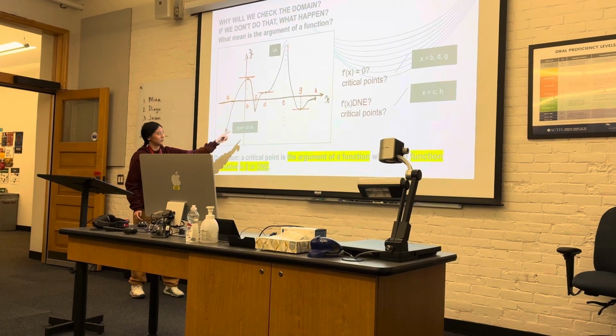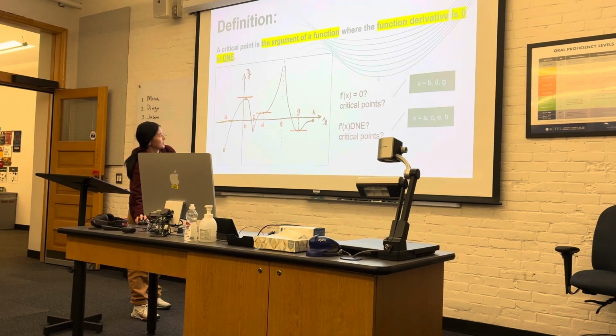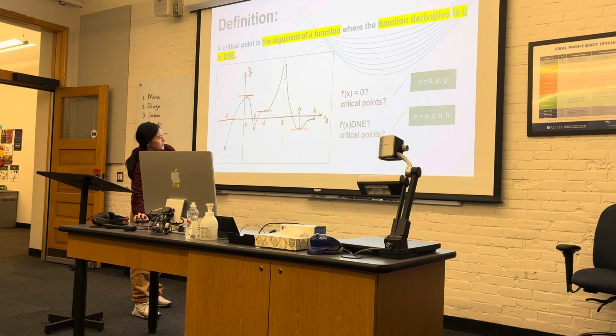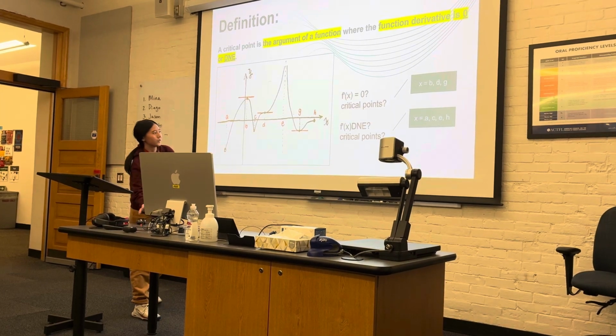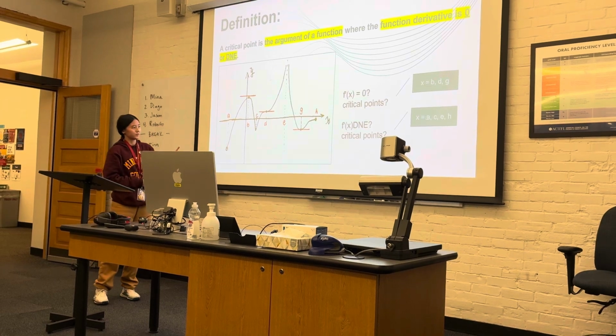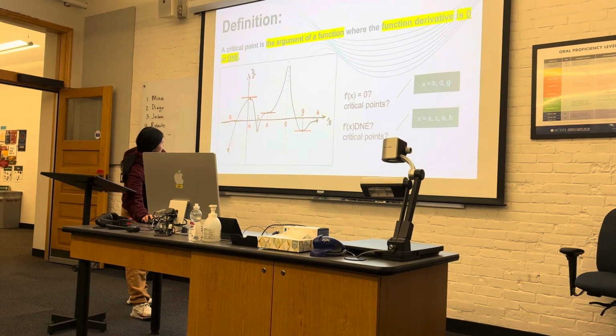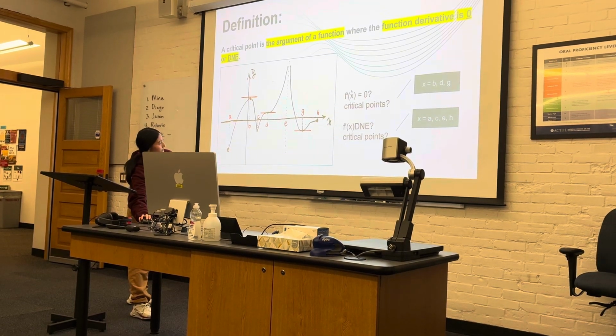So A and E are not in the domain. So this is the answer. A and E are not in the domain, so we cannot say this is a critical point. You can see this is an open circle and this is a vertical asymptote.